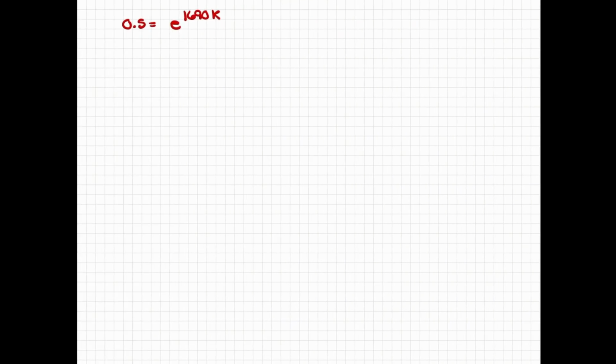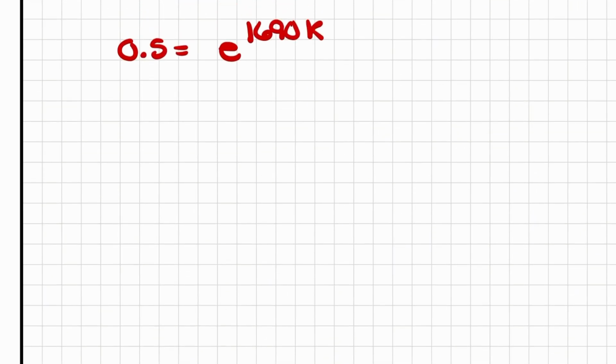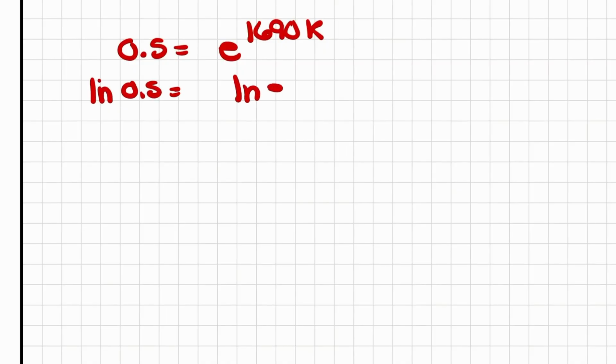We take the ln of both sides: ln of 0.5 is equal to ln of e raised to the power of 1,690k. This allows us to bring that power down in front, and that's very handy.